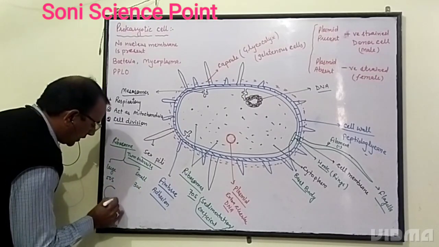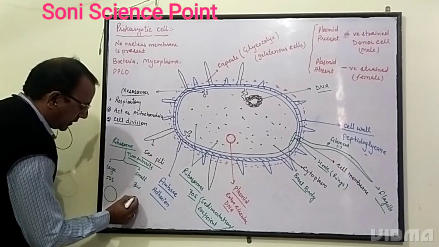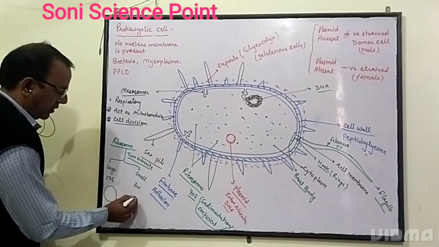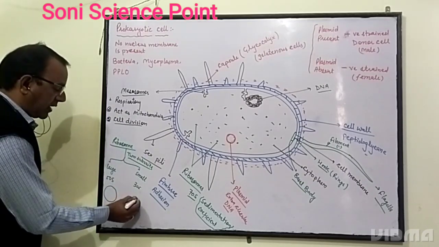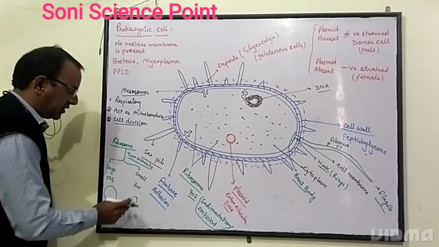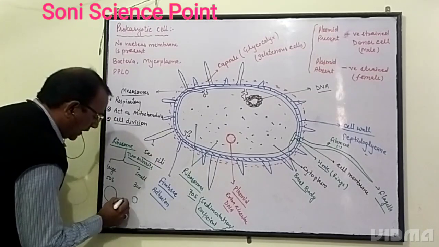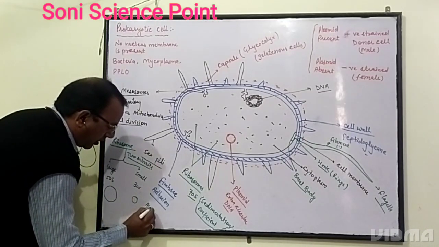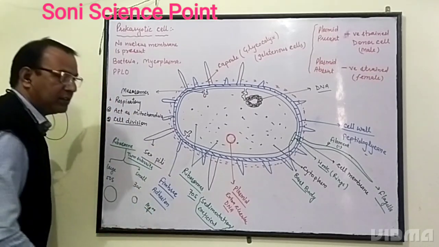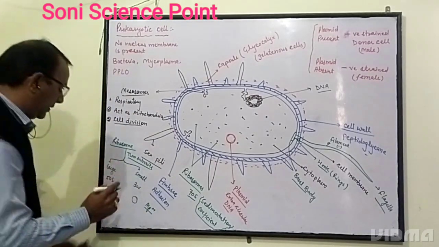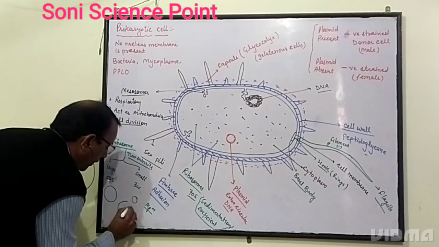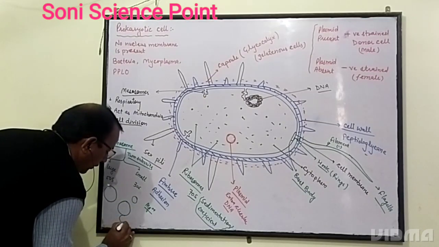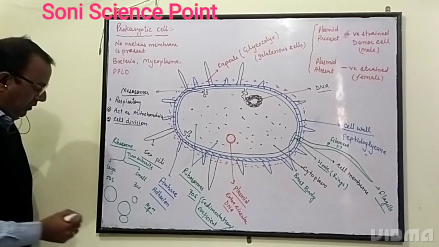Suppose this is the large unit and this one is the small subunit. Both subunits are separate from each other, but in the presence of magnesium ions these subunits are attached, like this. One is large, another is the small subunit.